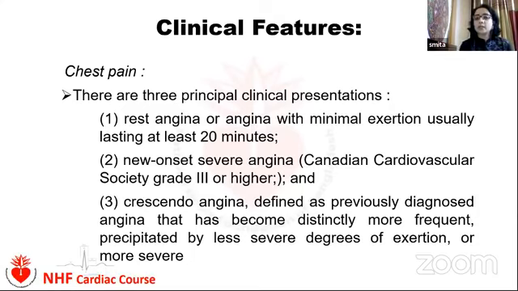There may be new onset severe angina, classified according to the Canadian Cardiovascular Society, and crescendo angina, meaning previously diagnosed angina that has become more frequent, more severe, and precipitated by less severe degrees of exertion.